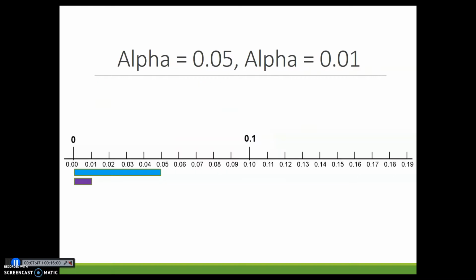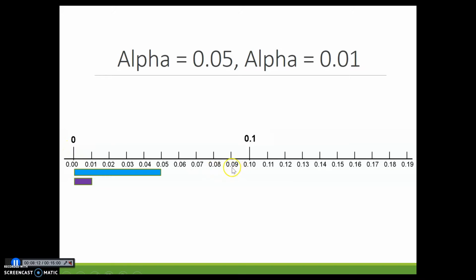Here's just a quick note, because many of you are not used to looking at decimals, and this will trip you up. If we're looking between 0 and 1, 1 is way, way, way over here off the screen, 0.05 is very, very, very small, and we only have this amount to reject the null hypotheses.